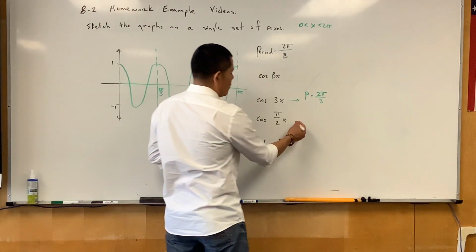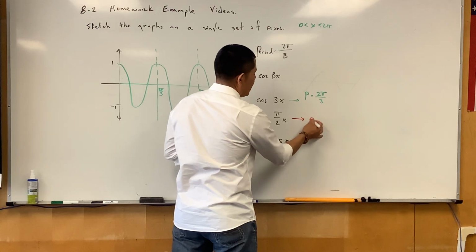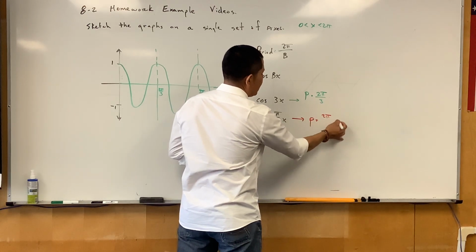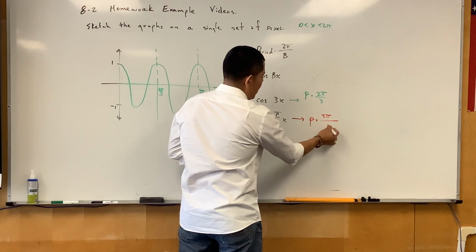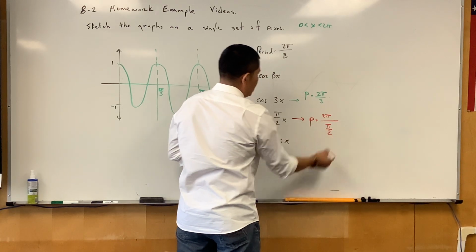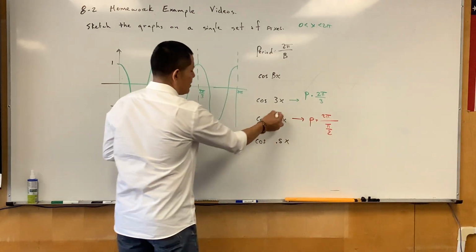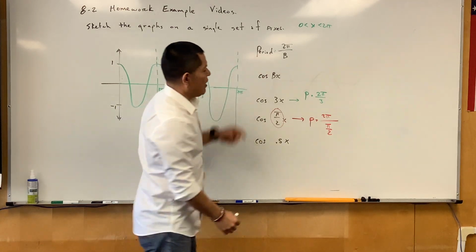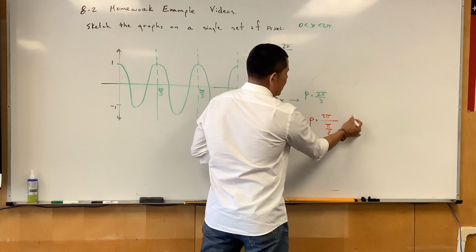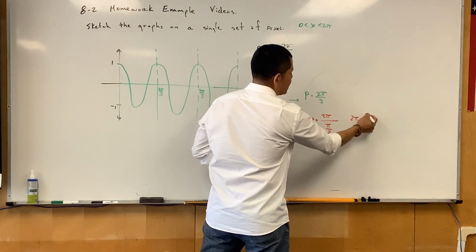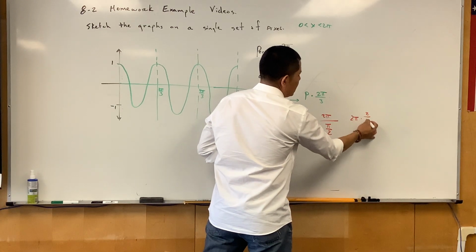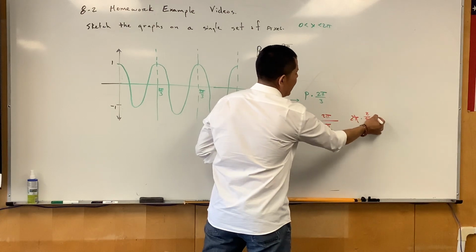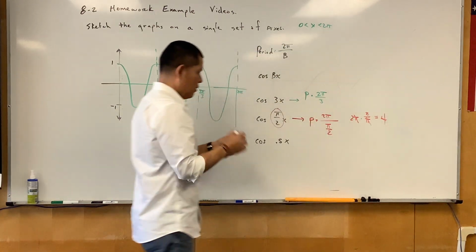So the period is equal to 2 pi divided by pi halves, because this right here is b, and we're dividing by that. That's the same as taking 2 pi times the reciprocal, 2 over pi. The pi's cancel and we end up with 4.